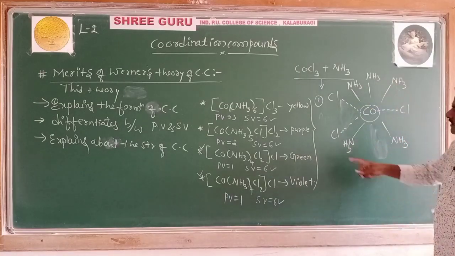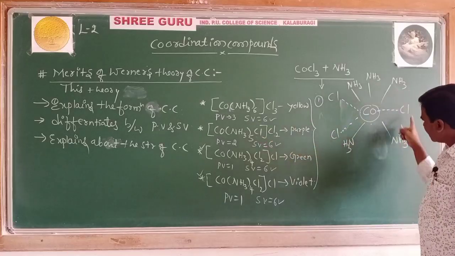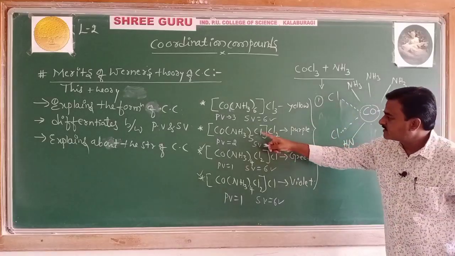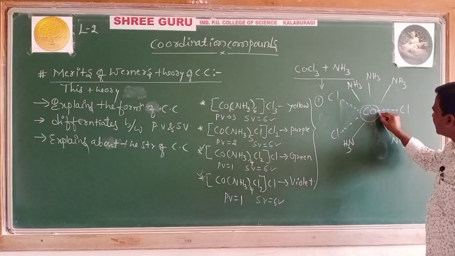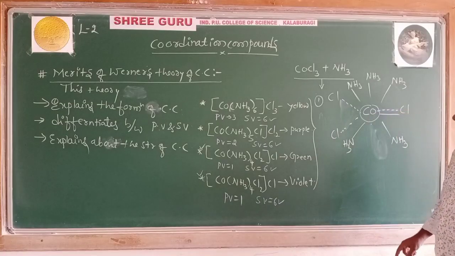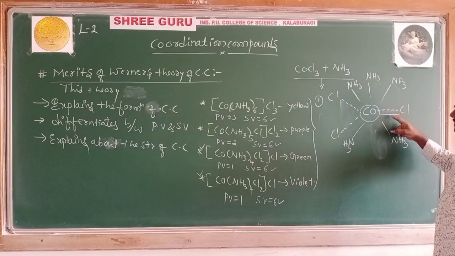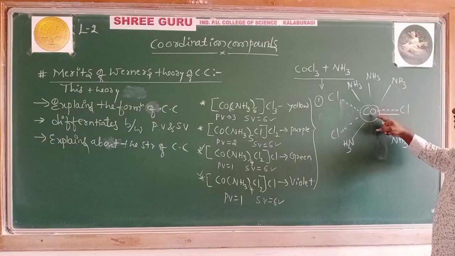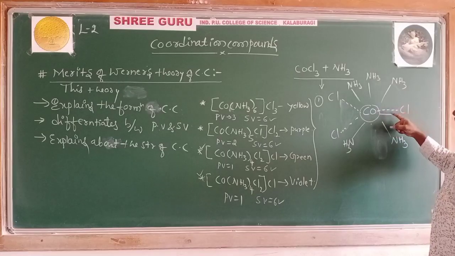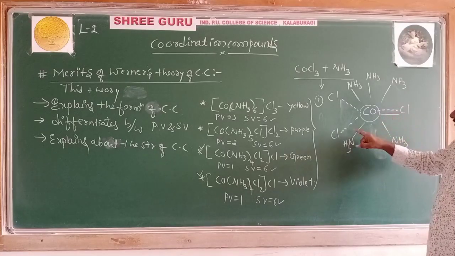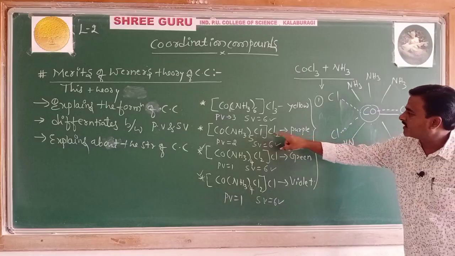The fifth one is the secondary valence satisfied by ammonia, and 6, 1 by one of the chloride ions, I can write a solid line. So here the chloride ion, which was satisfying both primary valency as well as secondary valency, was pointed out. This is the structure for complex 2.